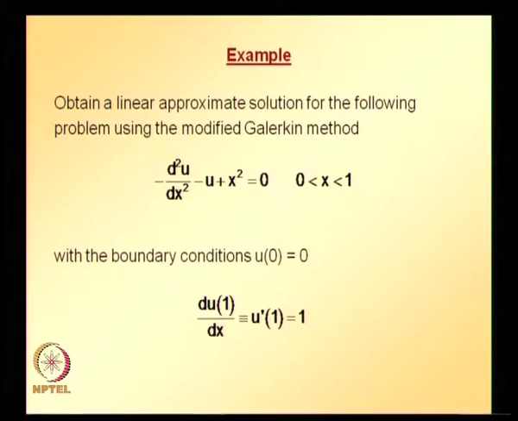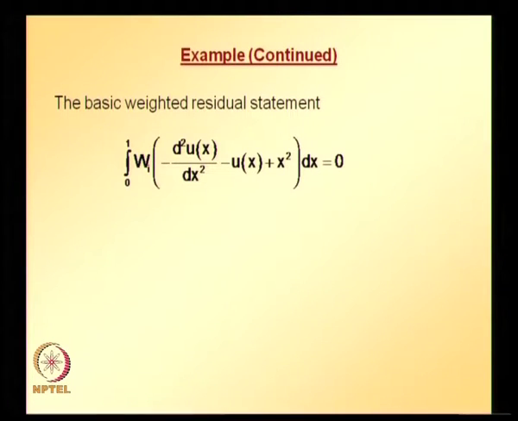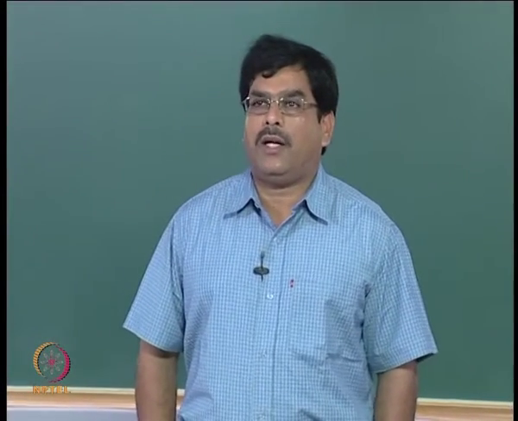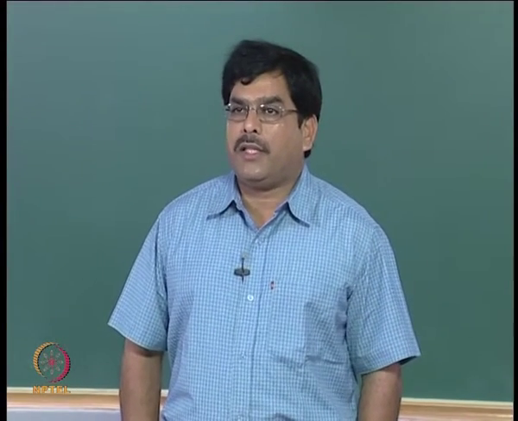So here we are going to use modified Galerkin method. You know the basic weighted residual statement for any weighted residual method is this: multiply the given differential equation with a weight function, integrate over the problem domain, equate it to 0. The weight function depends on the method that you choose.